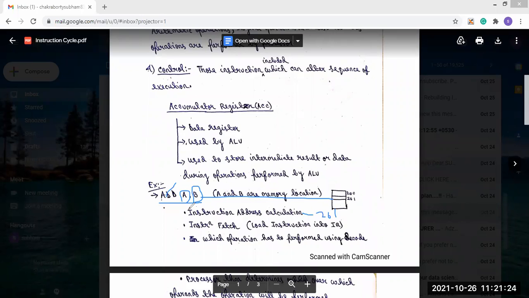Now we know what operation has to be performed and over whom. So in the next step, we will get the operands.